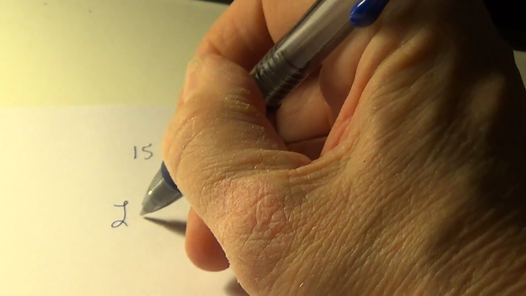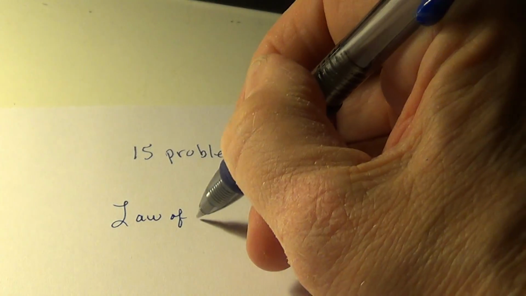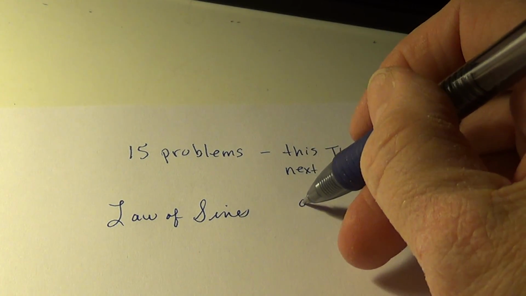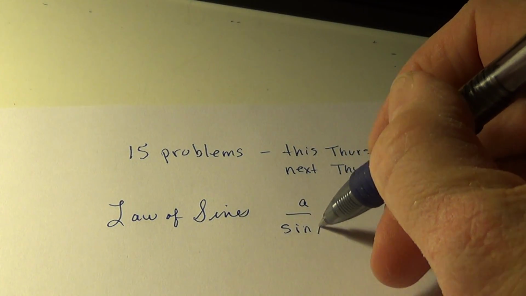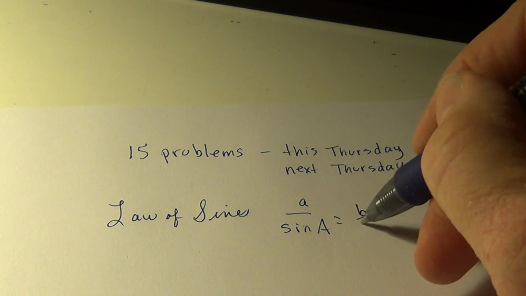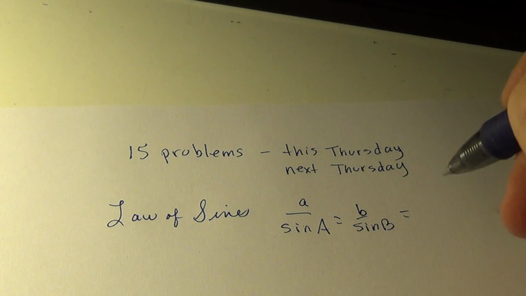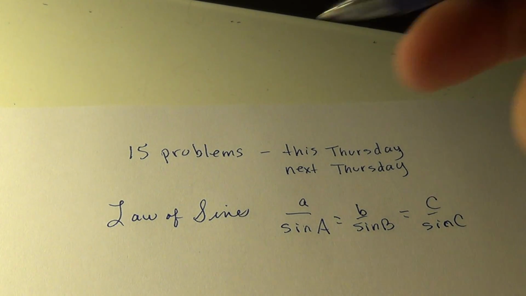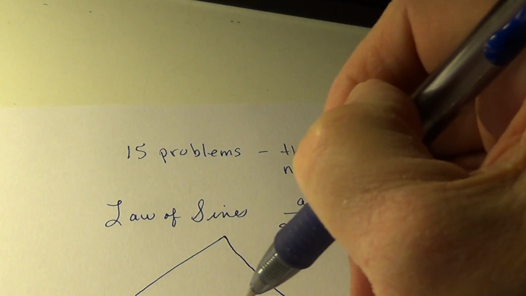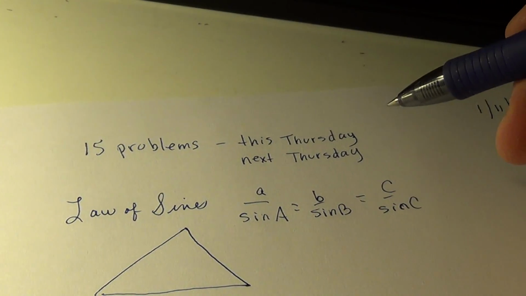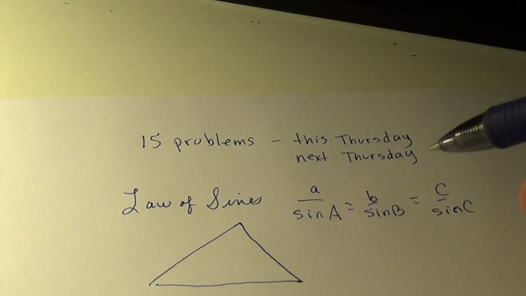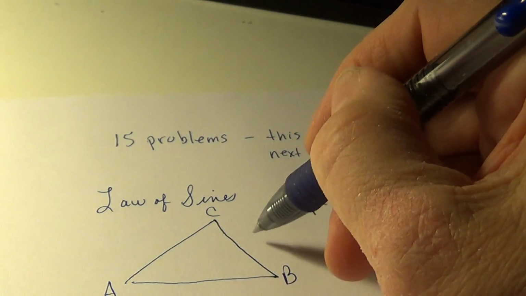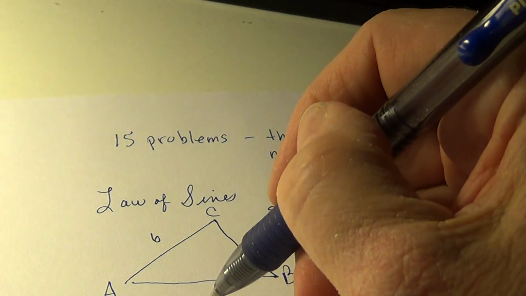So, the law of sines is on this. And I'm not going to do one, but just remind you that a over sine A equals b over sine B equals c over sine C. And we use that when we have a non-right triangle, and we are going to call the angles A, B, and C, and the sides are across from those angles, little a, little b, little c.